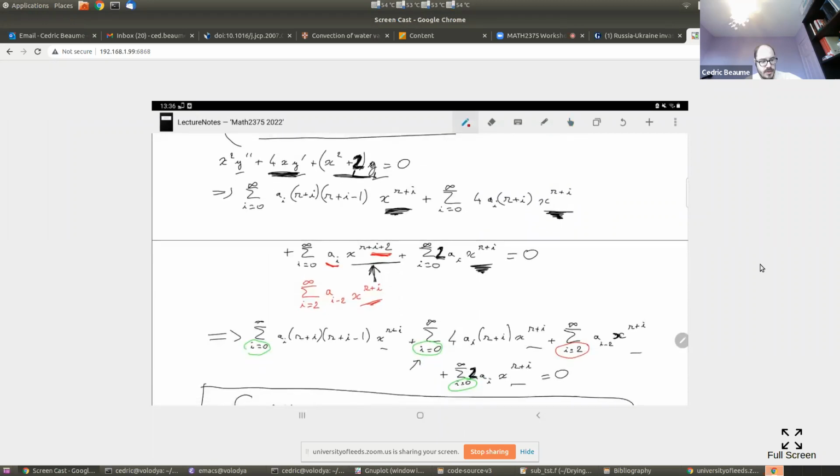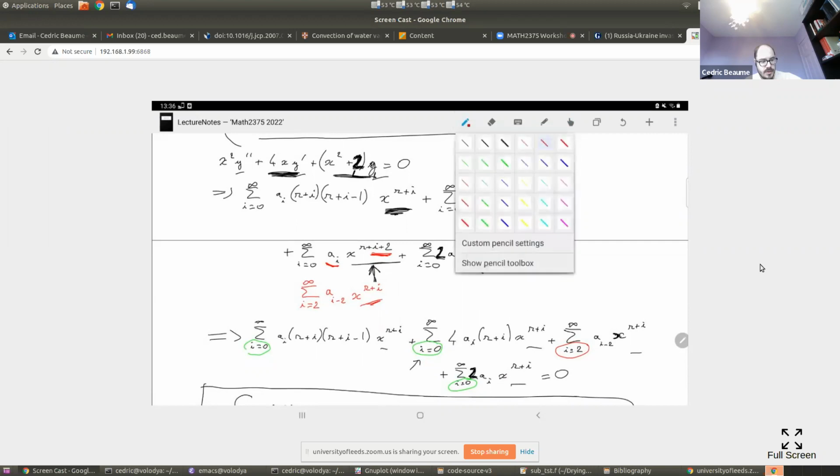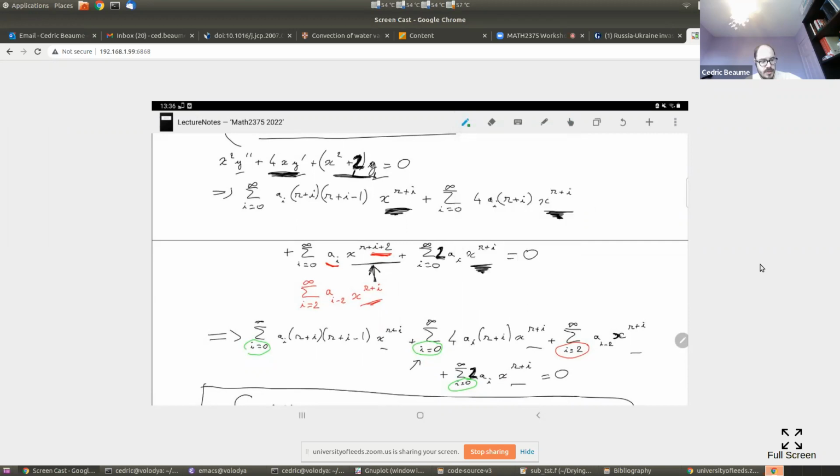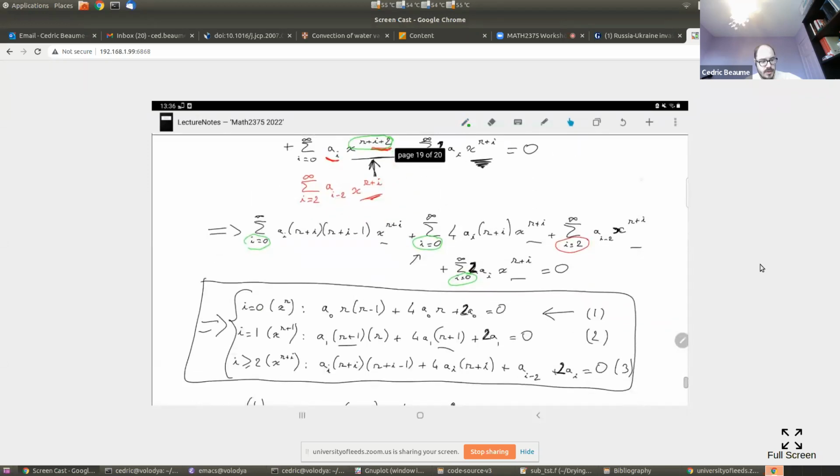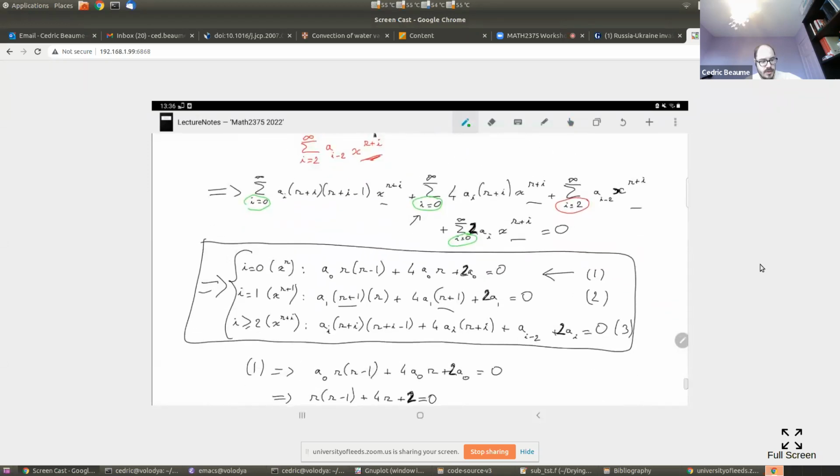Remember these little tricks when we plug it in. Trick number 1 was writing down everything in terms of series, identifying the fact that this term doesn't have the same power, resetting the indices, and then very simply matching the terms and identifying what happens for i equals 0, i equals 1.